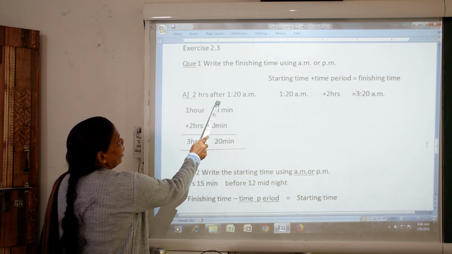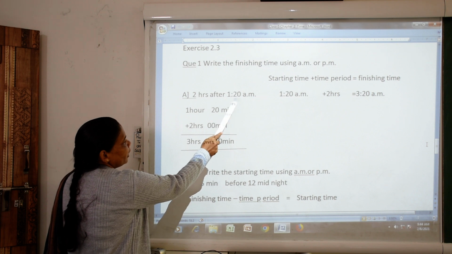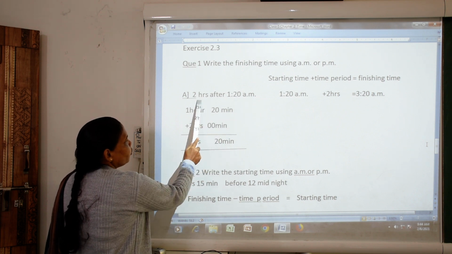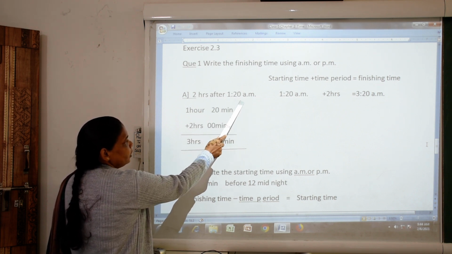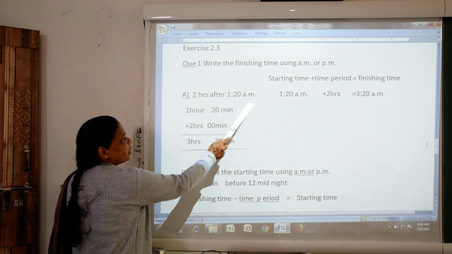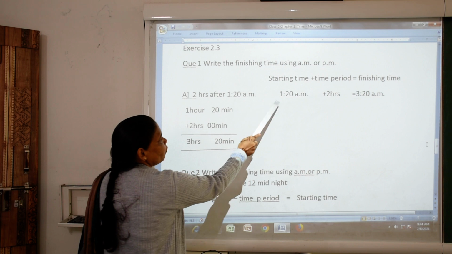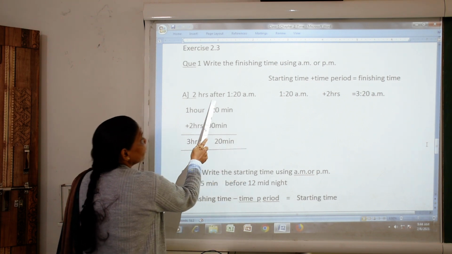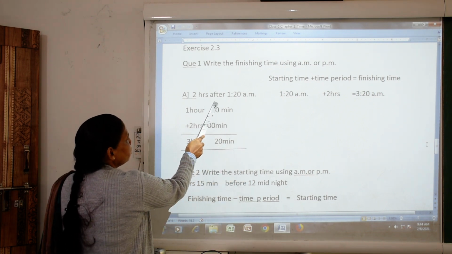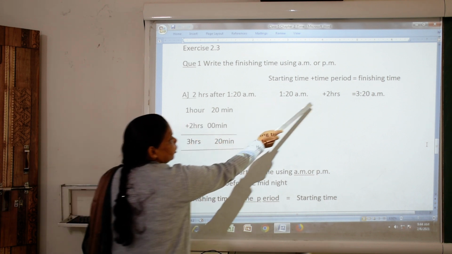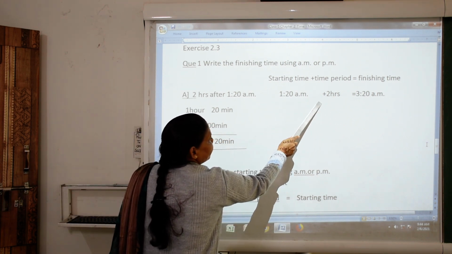2 hours after 1:20 AM. Here the starting time is 1:20, when your work is started, and "after" is written here, so the time period is 2 hours. The work time period is 2 hours.